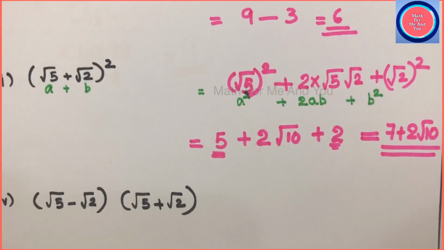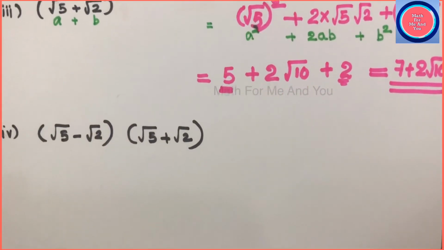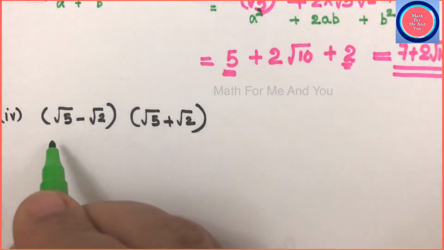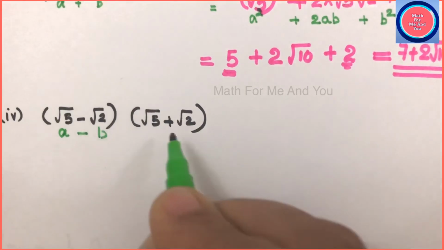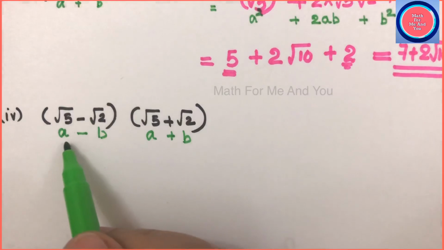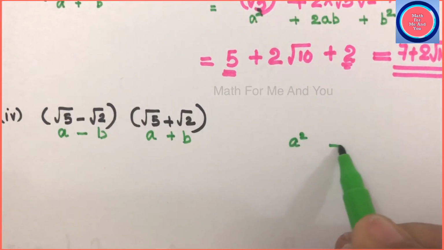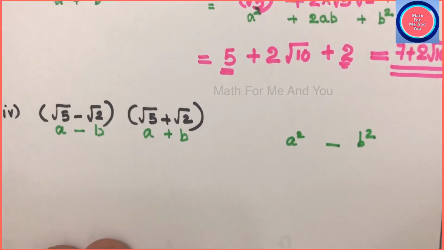See the next one. There are two brackets: (root 5 minus root 2) times (root 5 plus root 2). That means this is of the form (a minus b) times (a plus b). Even if it is (a minus b) times (a plus b) or (a plus b) times (a minus b), the result is the same: a square minus b square. Now we can see what is in place of a.